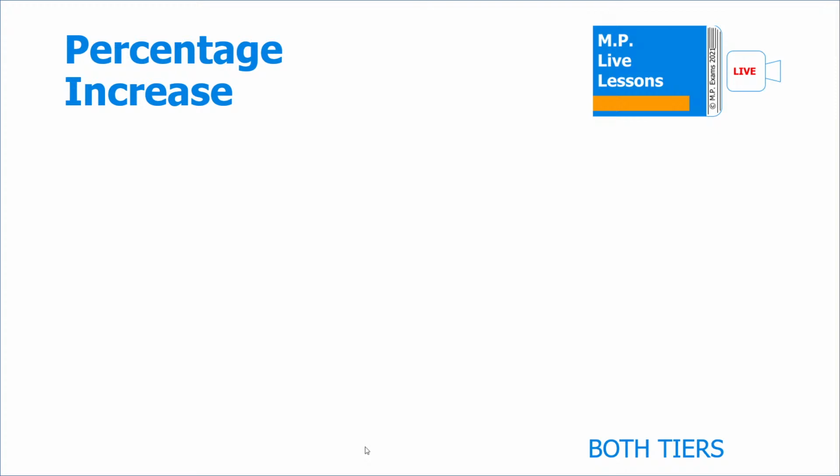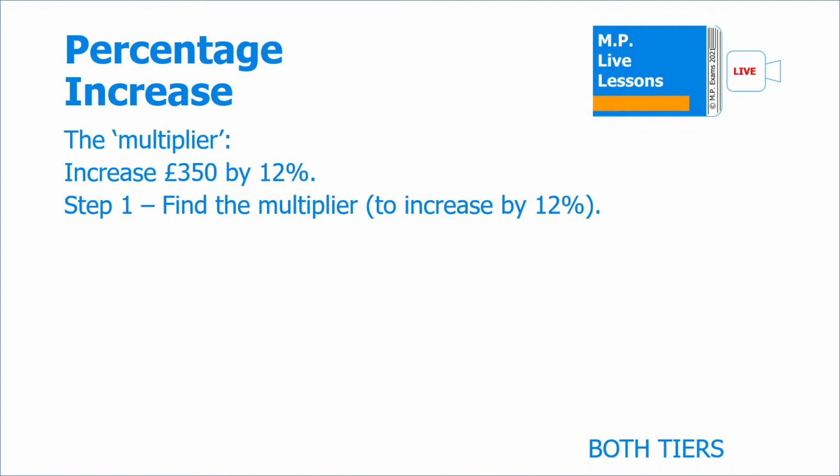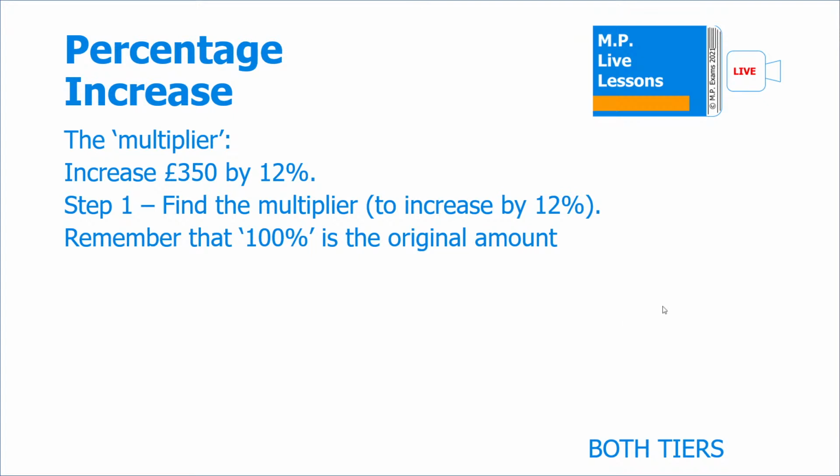Now for both tiers, it may be helpful to know about the percentage increase, and I'll introduce something called the multiplier. So let's say we want to increase the amount of £350 by 12%. So we first want to find the multiplier. So that will instantly increase £350 by 12%. And just remember that 100% is the original amount.